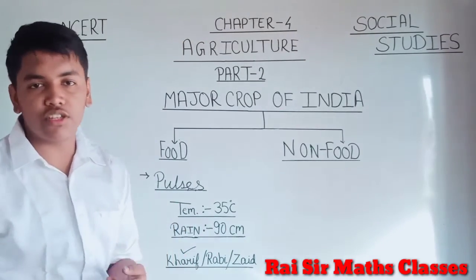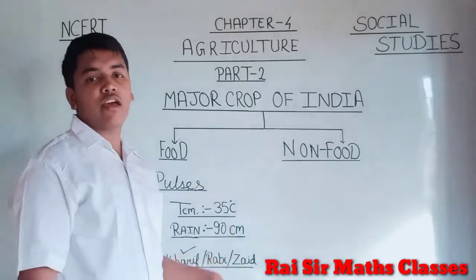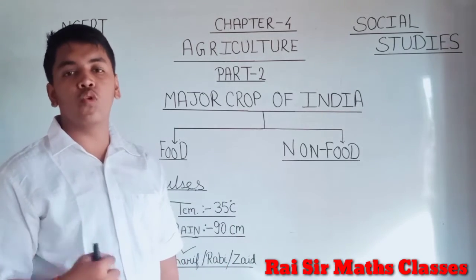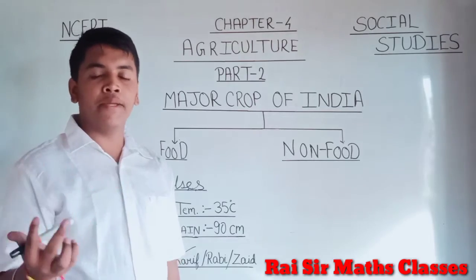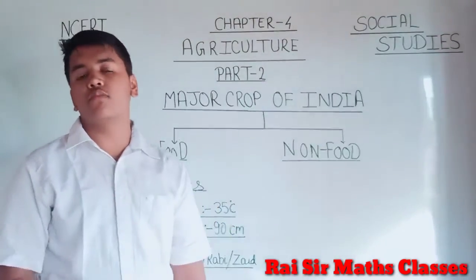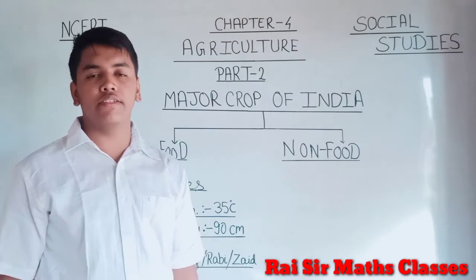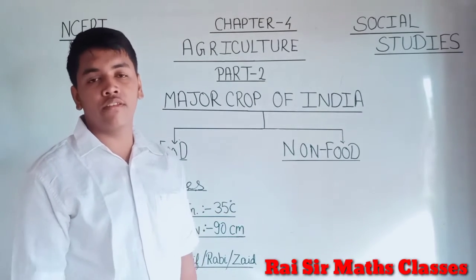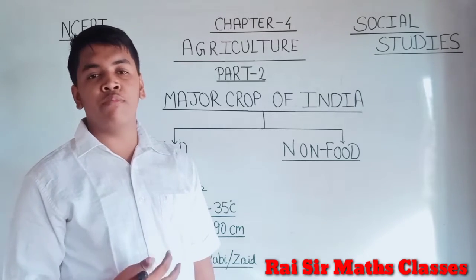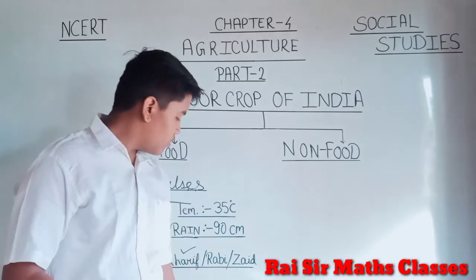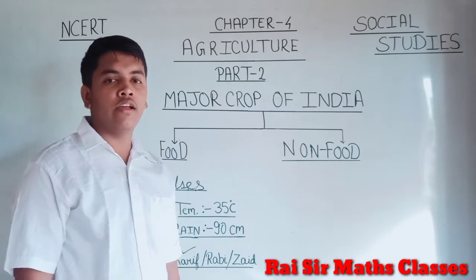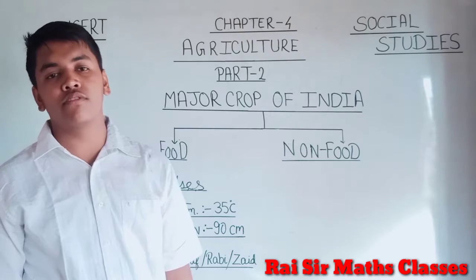A short recapitulation: pulses are of many kinds, as I told you: tur, urad, moong, arhar, and many more. It requires temperature more than or near 35 degrees Celsius. It requires more than 90 centimeter of annual rainfall. It can be both Kharif and Rabi. So this is all about the pulses, and I will tell you some more examples.